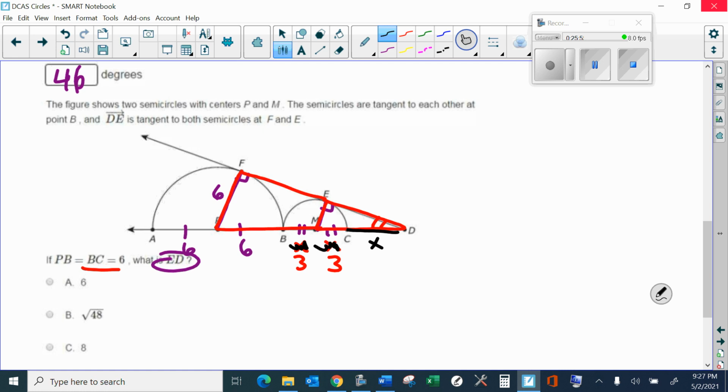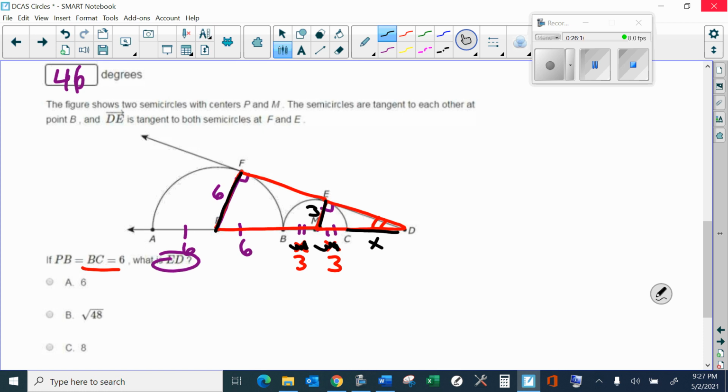Let's see here. Oh, since this is 3, then this is 3. There's the other key part right there. Notice our overlapping triangles here. This is a full length side, that's a full length side.